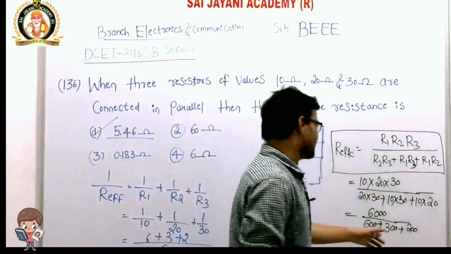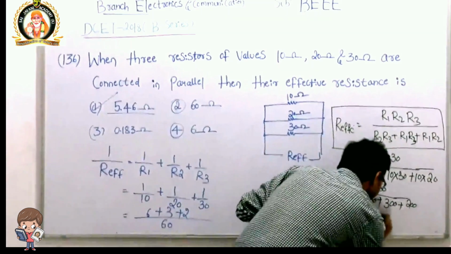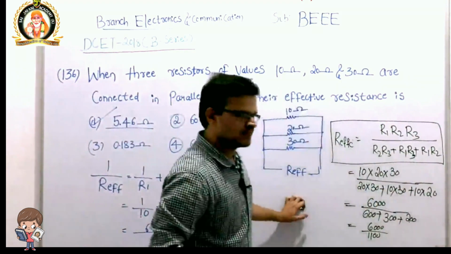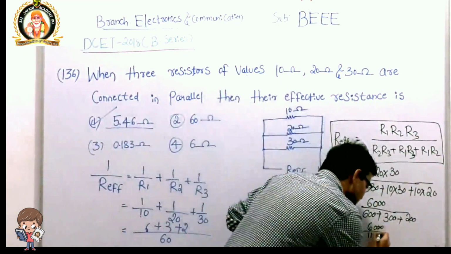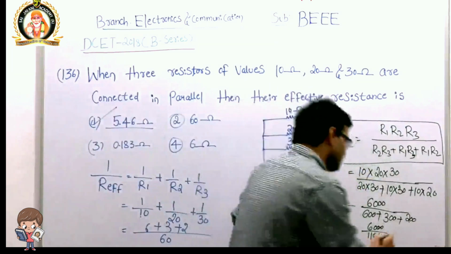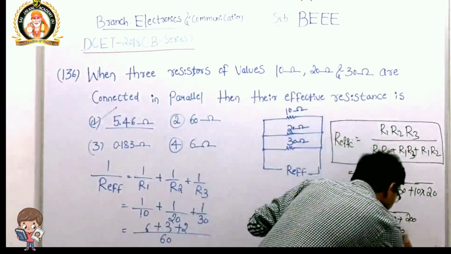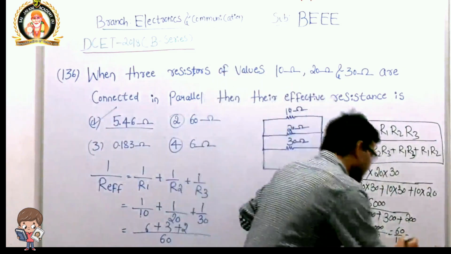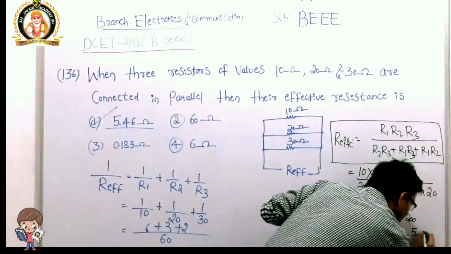By adding the denominator, you get 1100. If you cancel the zeros, you get 60 by 11. If you solve using a calculator, you get 5.46 ohm.